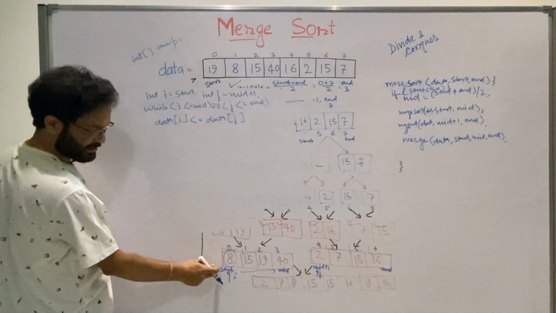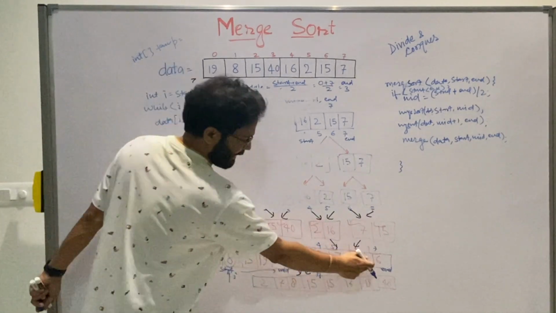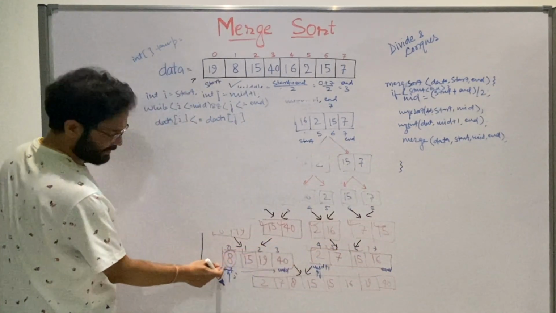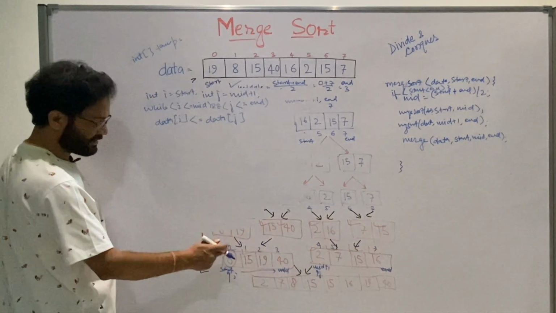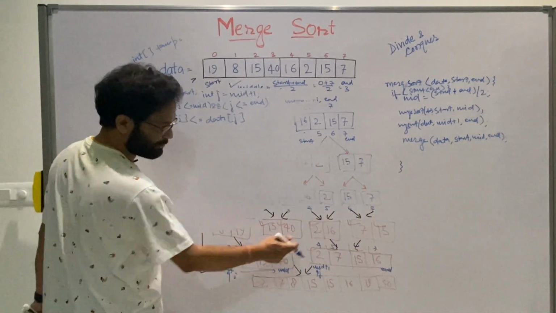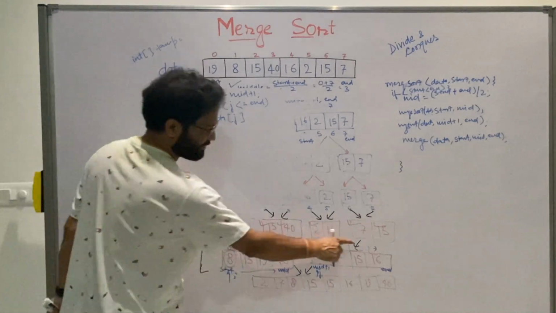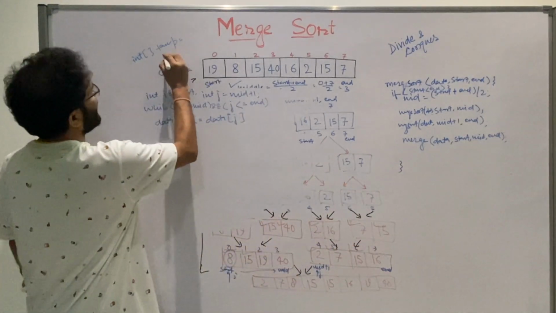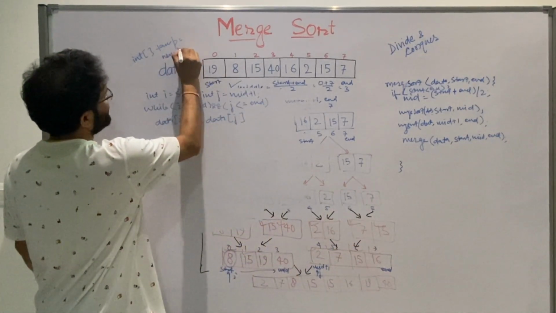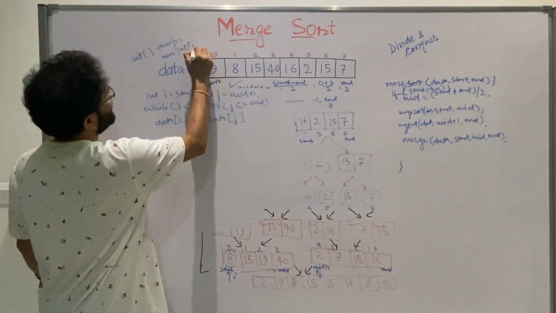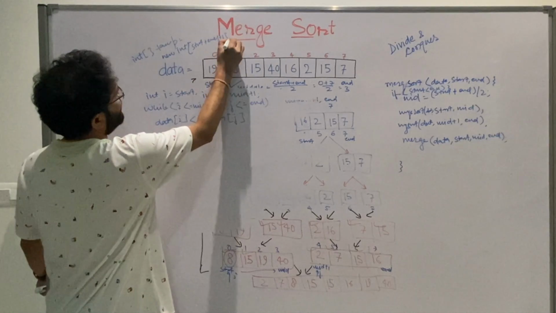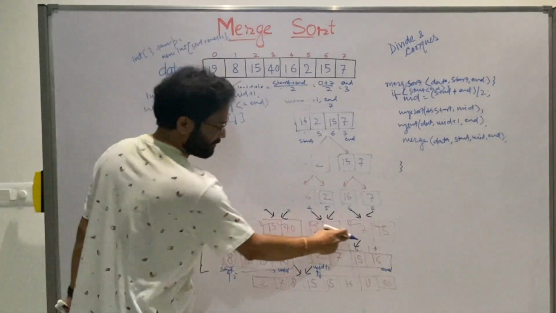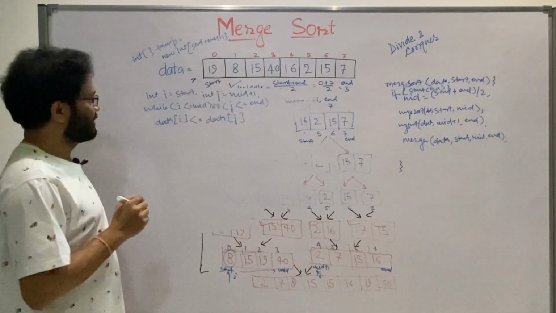From start to end, starting is here, ending is here, total how many elements are there? So I will make one new array of size start plus end plus 1. So 0 plus 7 plus 1, 8, right?